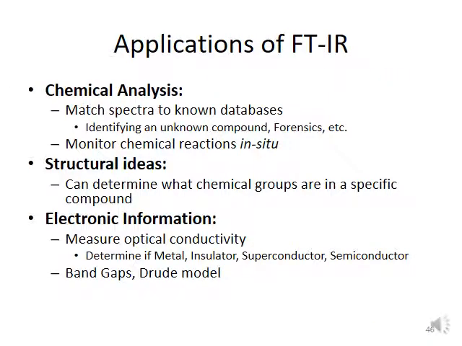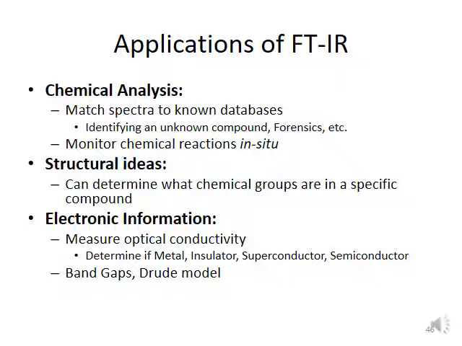So we go for the next part, which is the application of Fourier transform infrared. For chemical analysis, we can simply match the spectra that we get to the database to know what compound it is. In this case, we try to identify an unknown compound, especially in the forensic world.